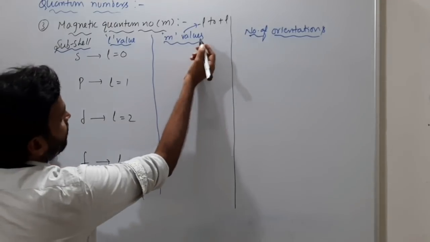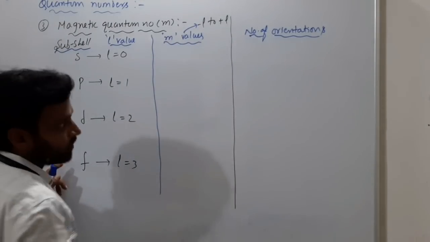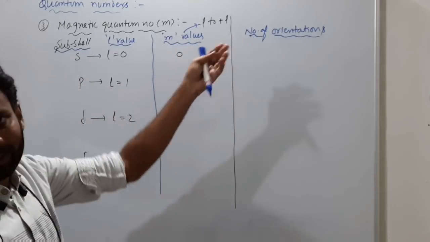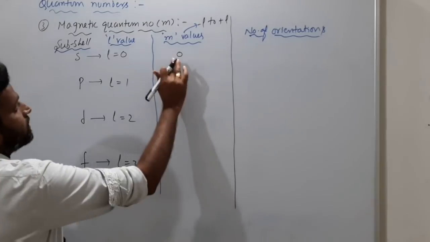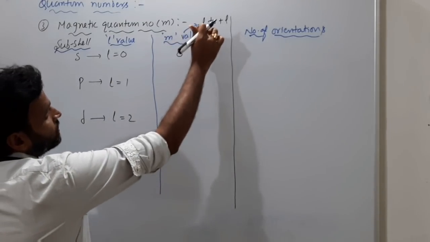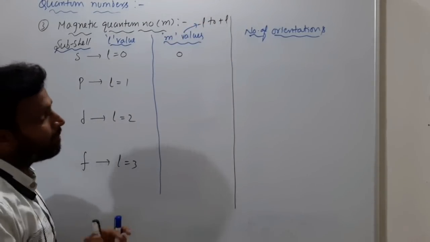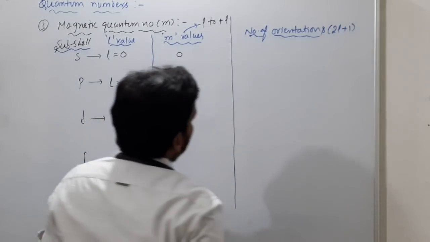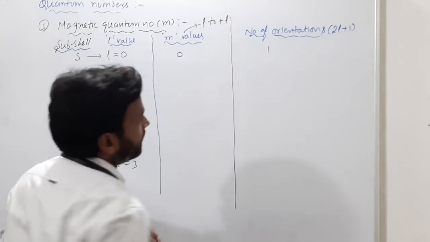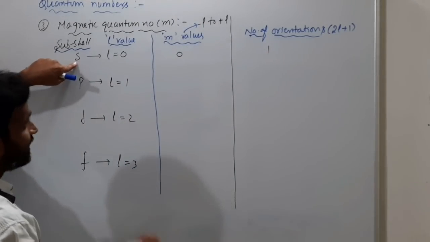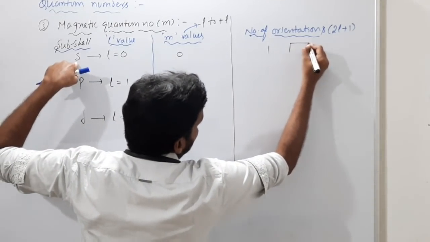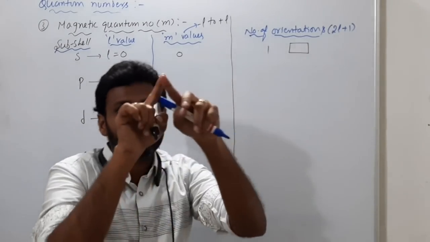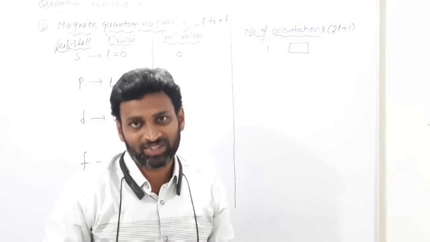For s, l is 0, so the m values are minus 0 to plus 0, so only 0. The number of orientations is given by the formula 2l plus 1, that is one orientation. For any s subshell, one orientation, we represent with one box. Please remember, the s subshell is represented with one box.